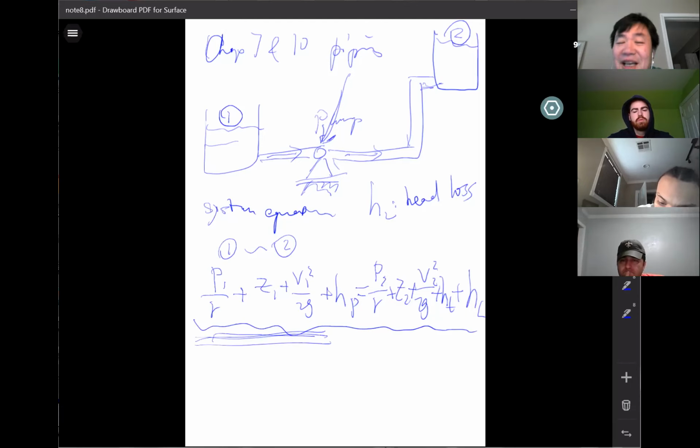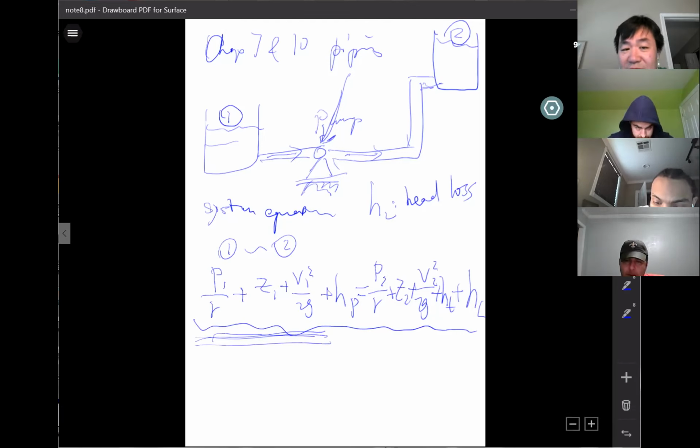Now we really come back to the energy point of view. Remember when we talked about Bernoulli, I always said from the energy point of view. It's actually the same. From the energy point of view, P1 over gamma is the pressure energy at the beginning, the pressure head. Z1 is the elevation head at the beginning.